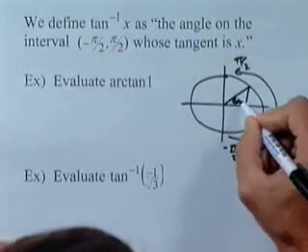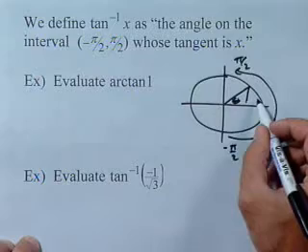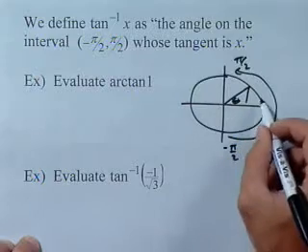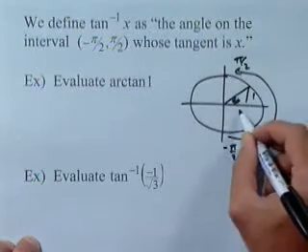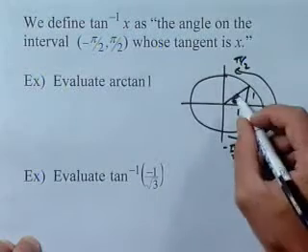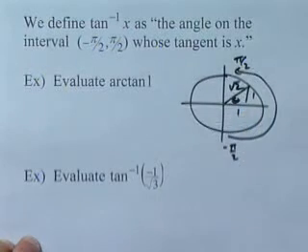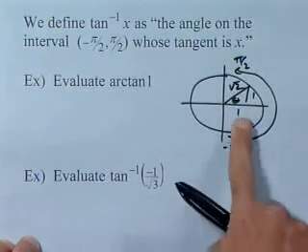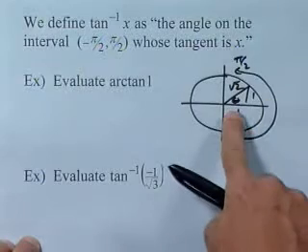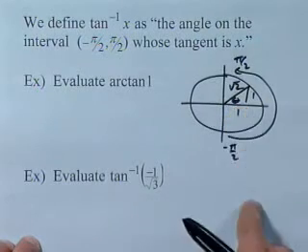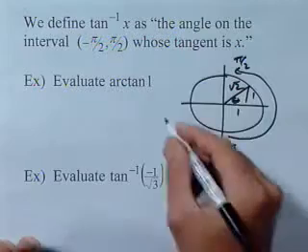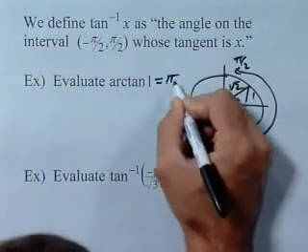So let's figure out what angle has an opposite over adjacent of 1 over 1. And that's our nice little 1, 1, root 2 right triangle. So the angle whose tangent is 1, remember what angle that is? That's a pi fourths angle.